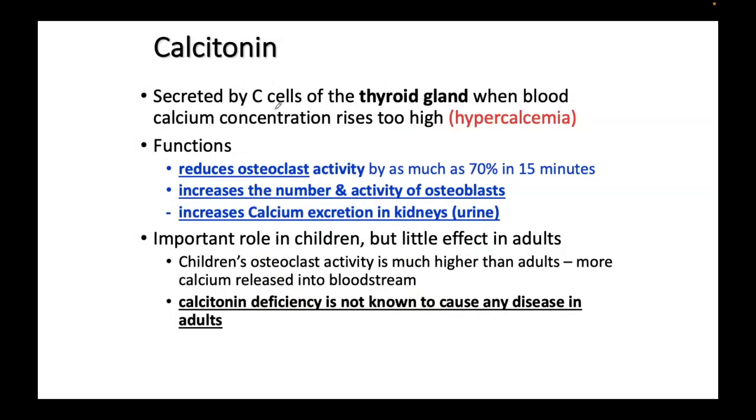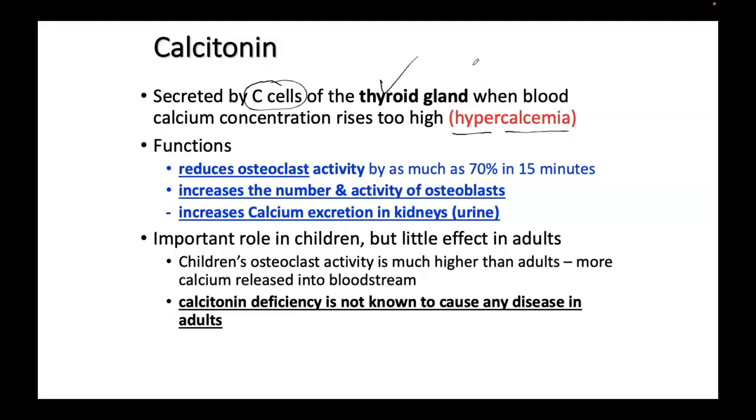So calcitonin is secreted by the C cells of the thyroid gland when the blood calcium concentration is too high. When there's too much calcium in your blood, it's called hypercalcemia.